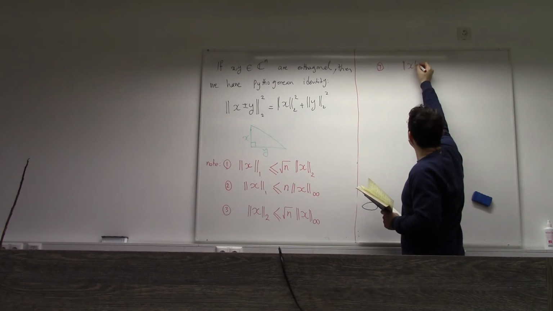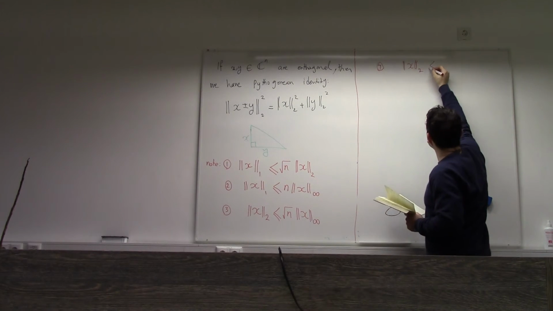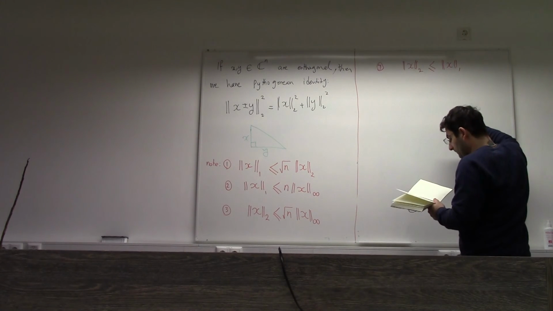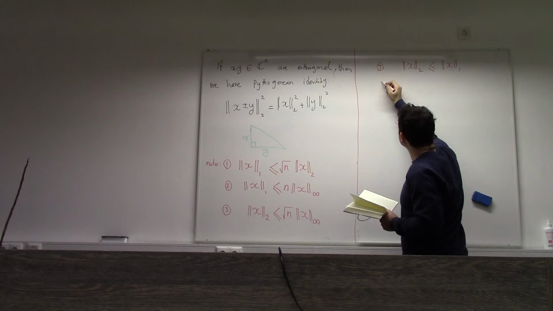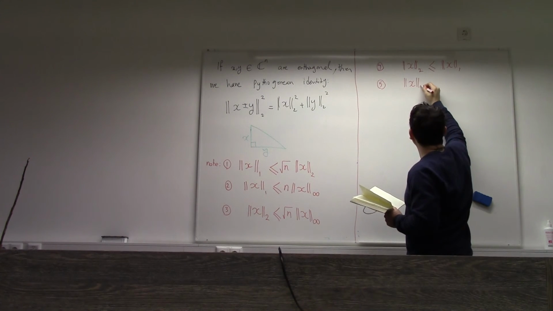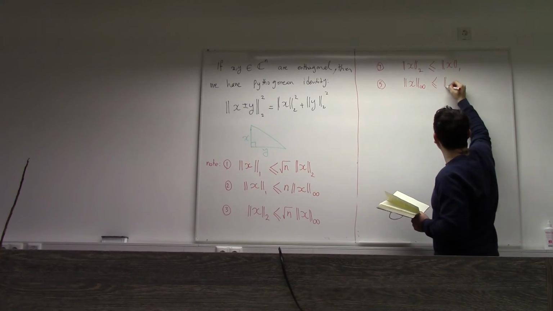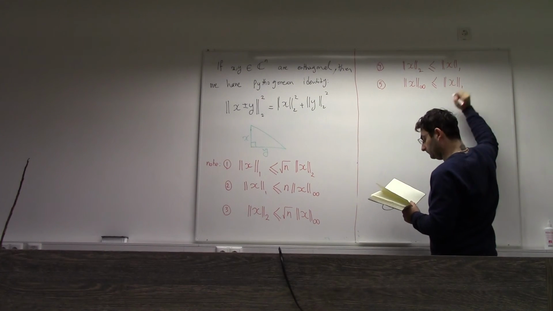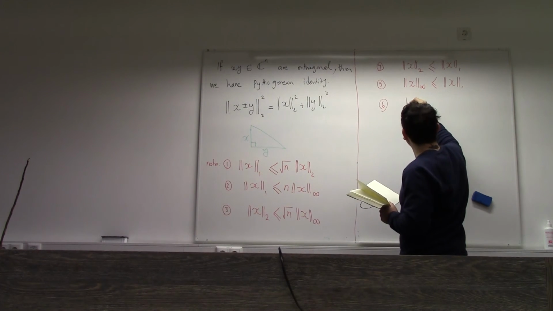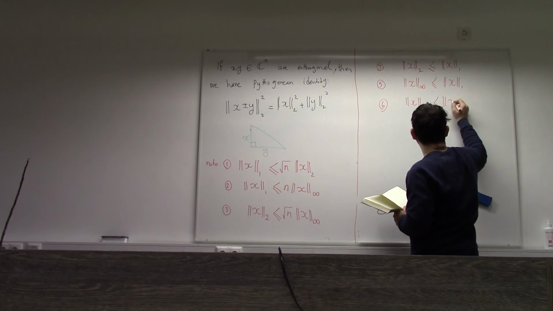In general, norm 2 is less than or equal to norm 1, norm infinity is less than or equal to norm 1, and norm infinity is less than or equal to norm 2.